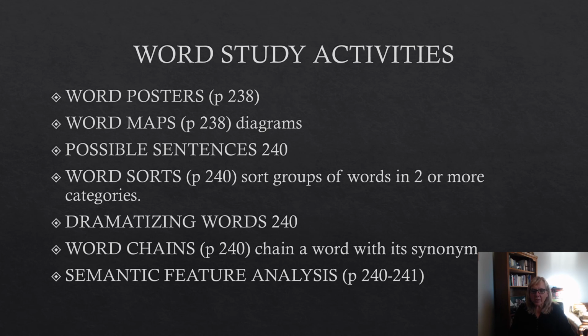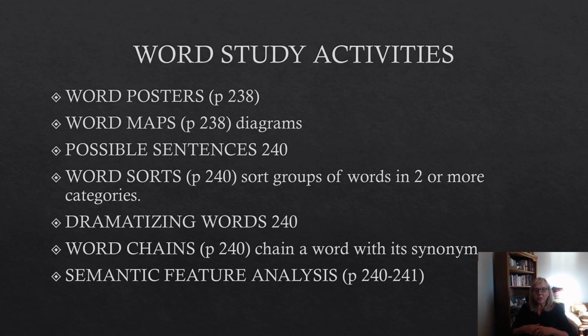Word sorts, where you're actually sorting words into two or more different categories in order to narrow down meaning. Dramatizing words, where kids get to actually act them out. I'm going to be sharing the book Miscellaneous with you guys, where that's exactly what the students get to do in her class.